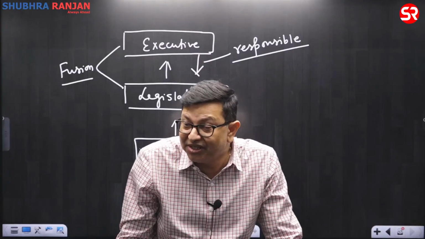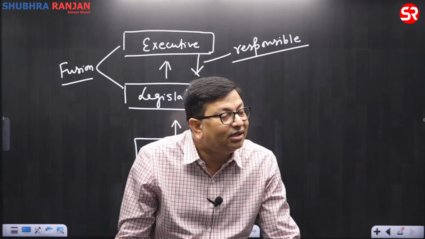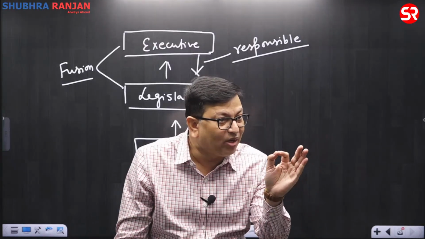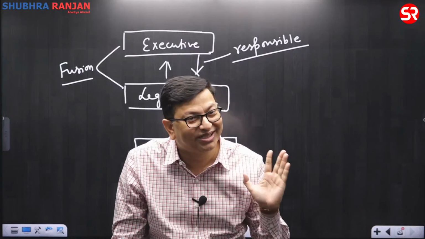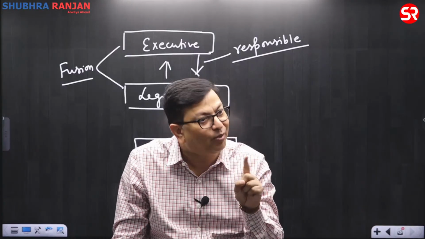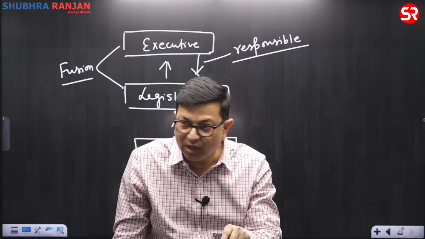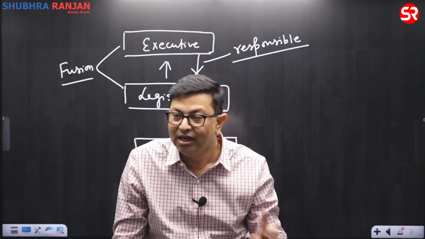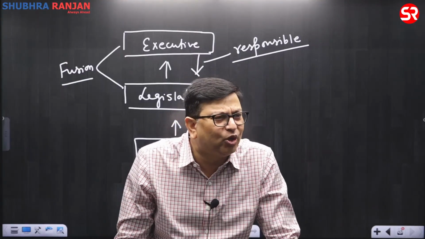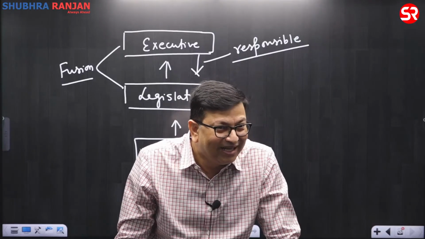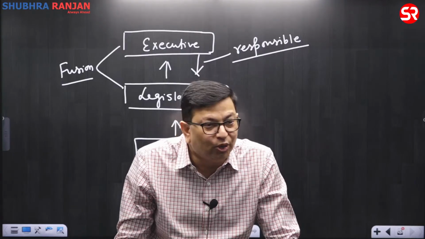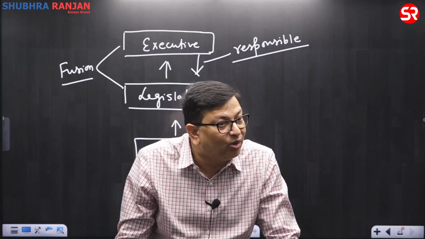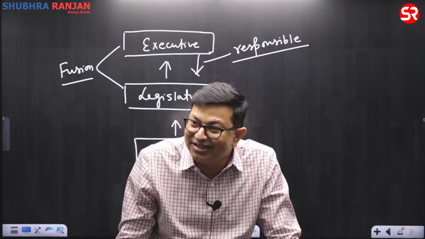But if it is mentioned that the executive is responsible to the lower house, that will be the correct option, because the lower house is the popular house. Because in almost all the countries we do not have a bicameral legislature. Only in some of the countries we have a bicameral legislature. So everywhere the popular house has more powers in this regard.